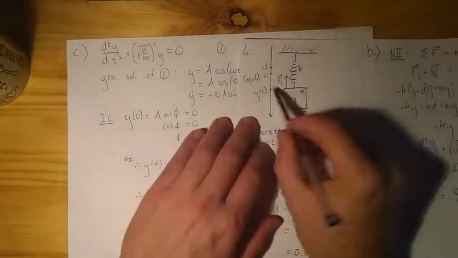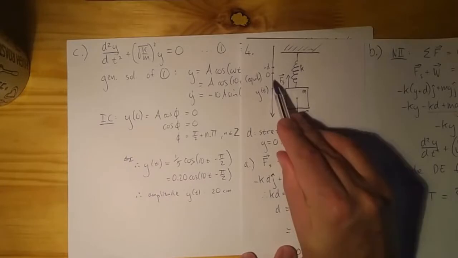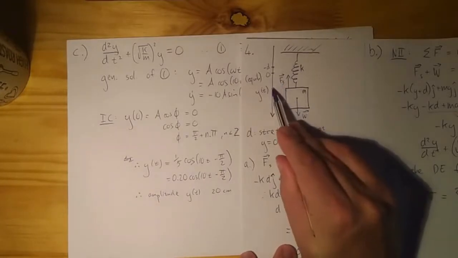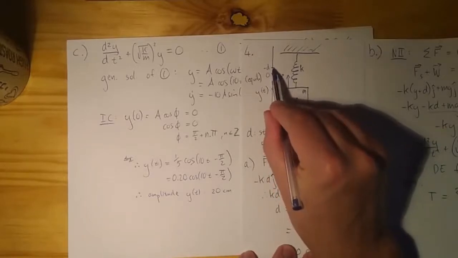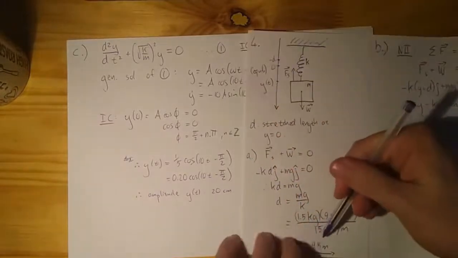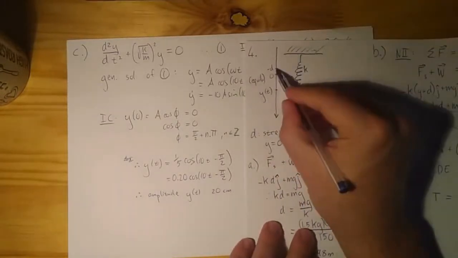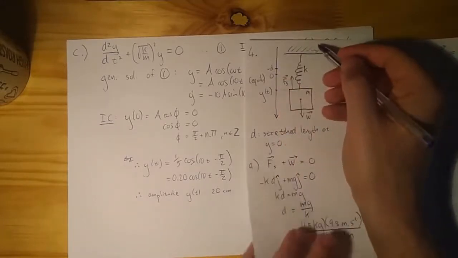When y is 20 centimeters, the distance from the equilibrium point to where the block is, is 20 centimeters. And the distance from the equilibrium point to where the spring is unstretched is a further, what we calculated, 9.8 centimeters. And the distance from there to the ceiling is the given 25 centimeters.